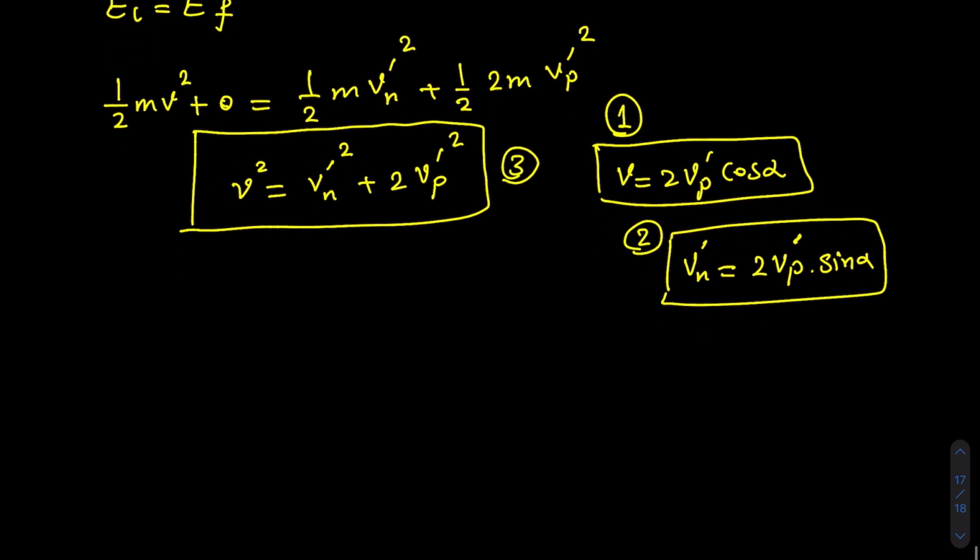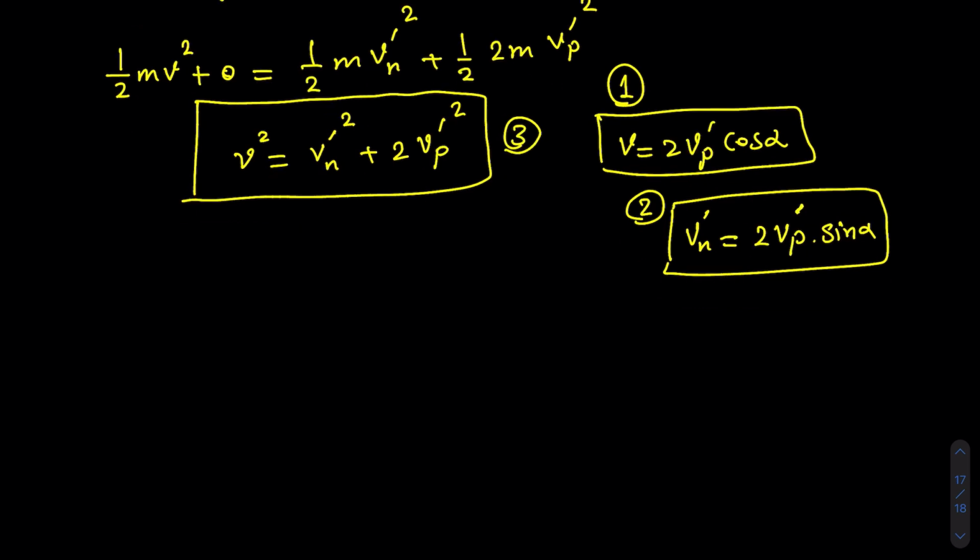So now we have got these three findings, and we need to simplify from there. Looking carefully at these three equations, the equation obtained from the law of conservation of energy has everything squared, with the power of 2. And these two equations have sine and cosine.